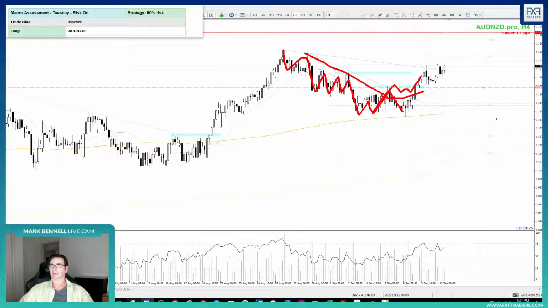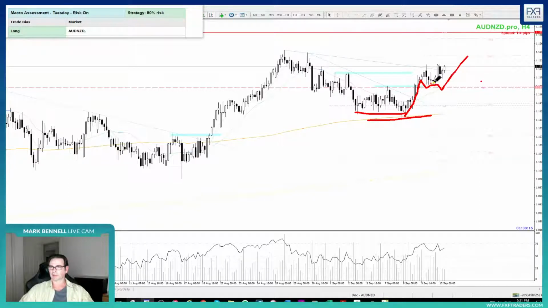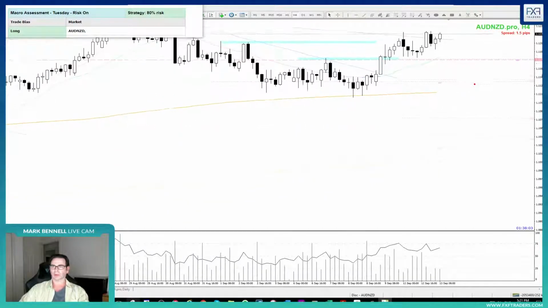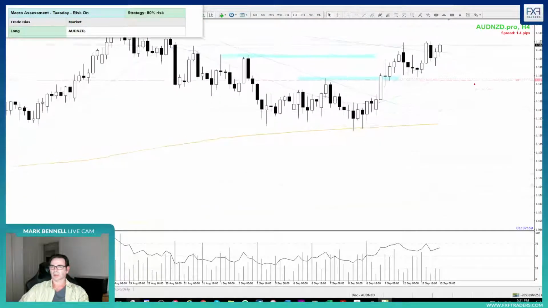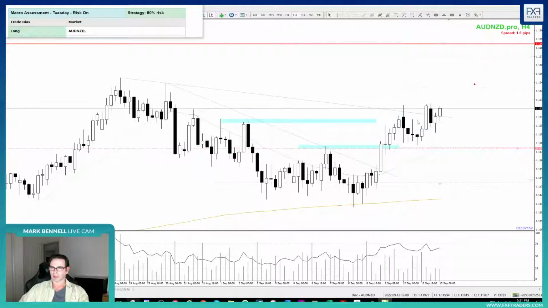We didn't get that. Instead we got another low, a shakeout into the 200, that's good. So now we had a pop. It didn't give us anything in here. This would have been nice. Didn't give us anything there. What it's done though is given a little swing in here. Now pull back there. If you were brave, you might have got in there. So that was really the only entry it gave.